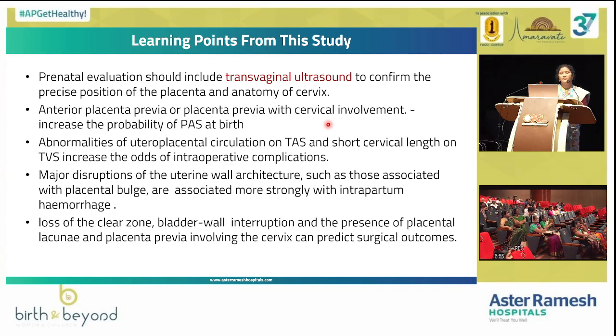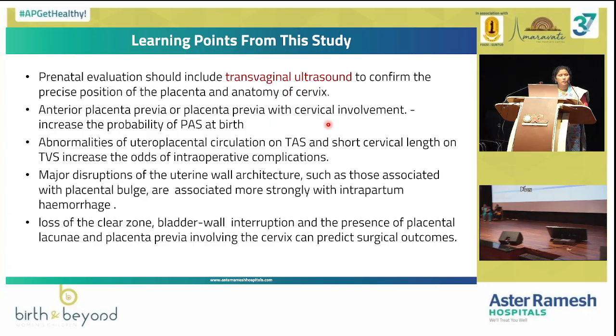So the learning points from this Delphi study: we should do a transvaginal ultrasound in the mid-trimester scan, that is the TIFA scan, to define the position of the placenta and the anatomy of the cervix. Anterior placenta previa or placenta previa with cervical involvement increases the probability of placenta accreta spectrum at birth.